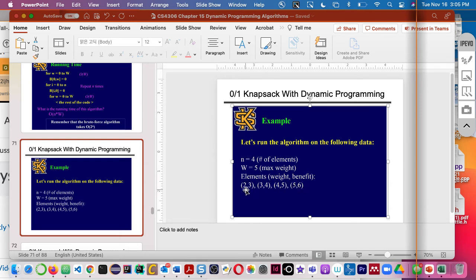The first item has a weight of 2 pounds and a benefit of 3, whatever the unit is; don't worry about the unit. The second item has weight 3 and profit 4. The third has weight 4 and profit 5, and the last has weight 5 and profit 6.